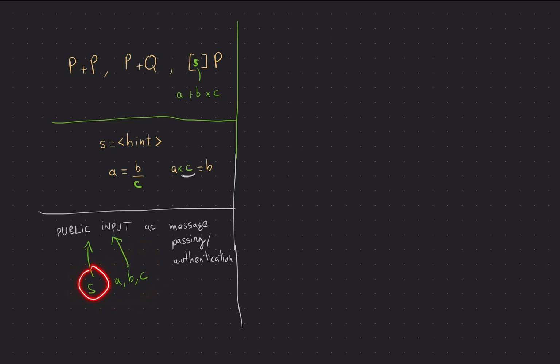And if they are not the correct values that were used in the circuit, then the verification won't work. If you change the public inputs, the verification doesn't work. And so that's why I'm saying it's kind of like message passing, or a way to authenticate messages from the prover to the verifier. And so now that the verifier has these, the verifier can check that indeed S equals A plus B times C, which is what I said here previously.